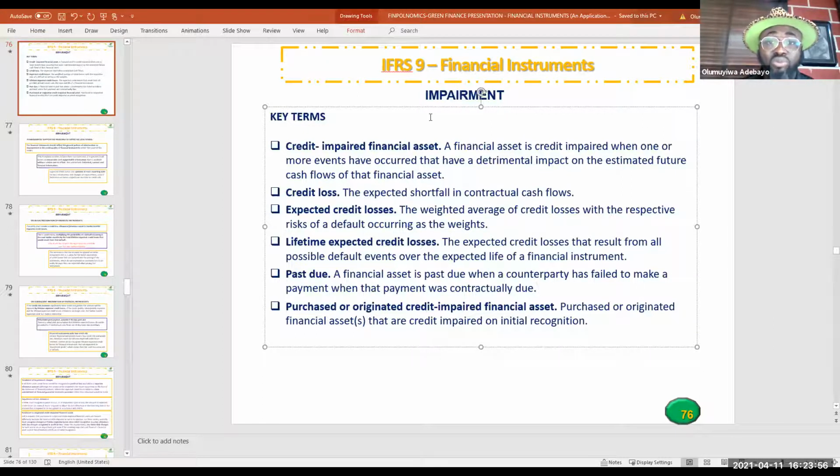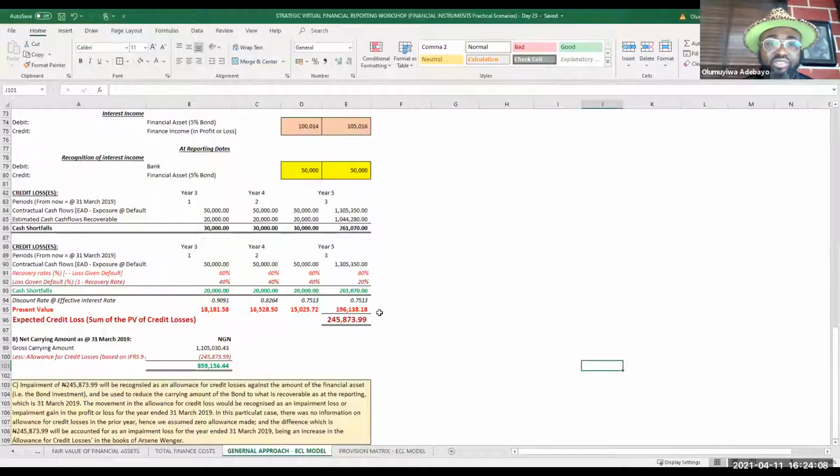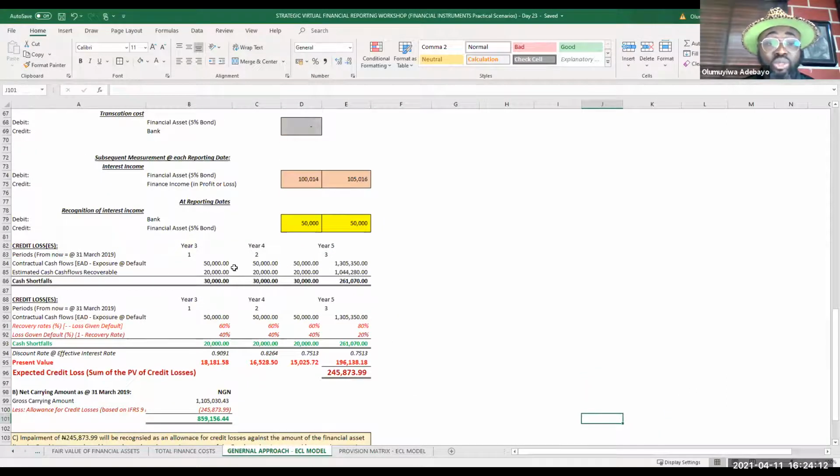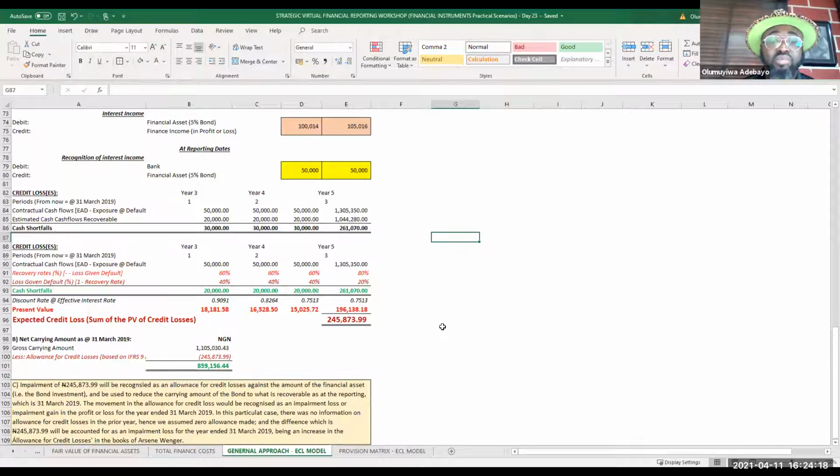When you go back to what we did yesterday, this is a lifetime because there was a delinquency in the loan, where it's already in default because bankruptcy has been declared. And that is why we look at the shortfall over the remaining 3 years of the bond. And that is an example of lifetime.